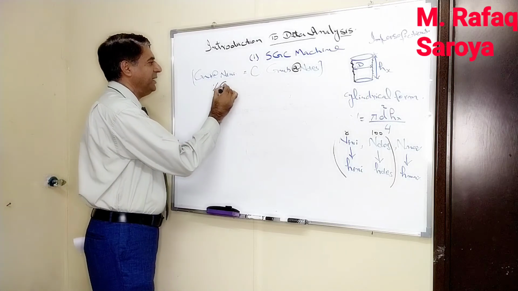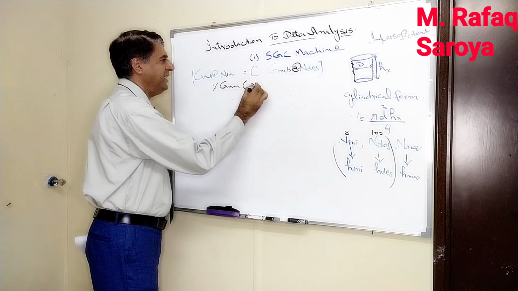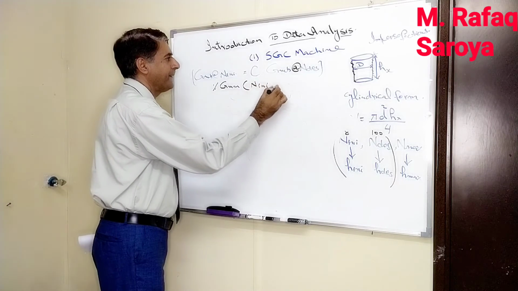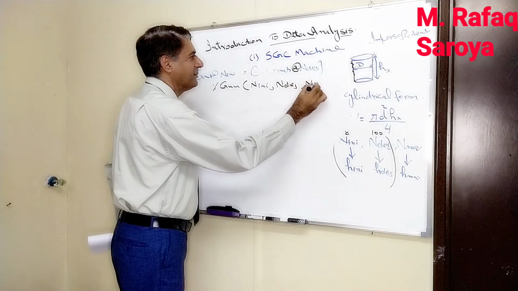Now, we have percentage of GMM. We have to find out at N ini, N des, and N max.